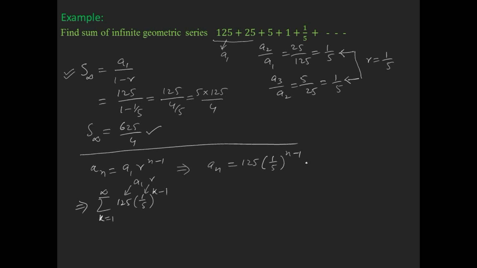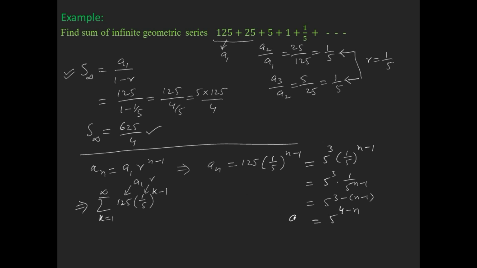But again, the nth term can be a bit changed, like 5 power 3 is 125 and 1 over 5 power n minus 1. So the answer is 5 power 3 multiplied by 1 over 5 power n minus 1, which is 5 power 3 minus n minus 1, and 5 power 3 minus n plus 1, so 4 minus n.